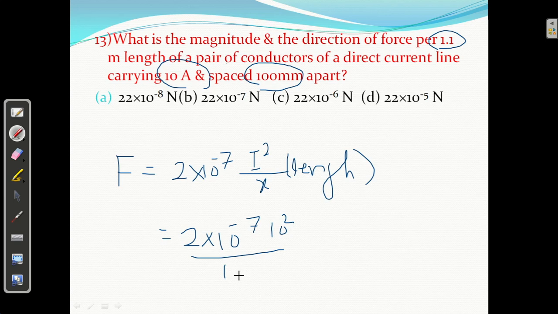Into length, which is 1.1. So if you solve it, you will get 2 into 100 into 1.1 exponential minus 7.